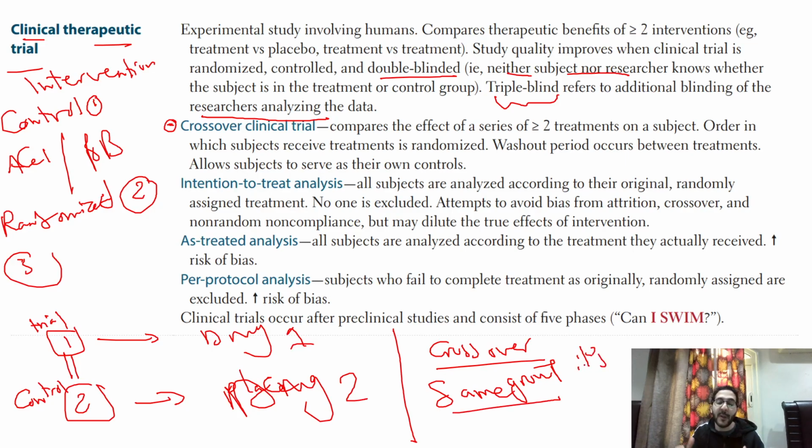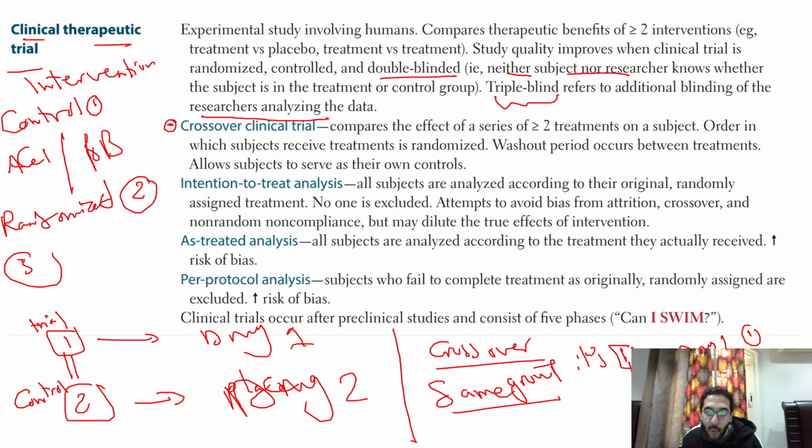The first group will take drug one, and then you will have something called a washout period to get the drug out of your system. Then this same group will take drug two, and then you collect the data and compare the data of drug one and drug two to see what happened.